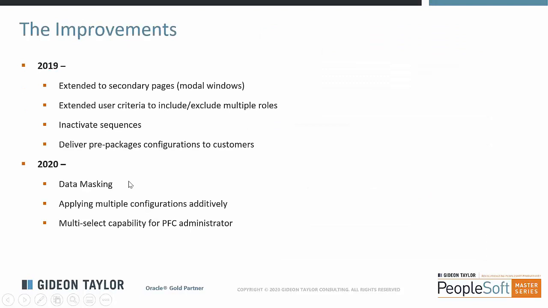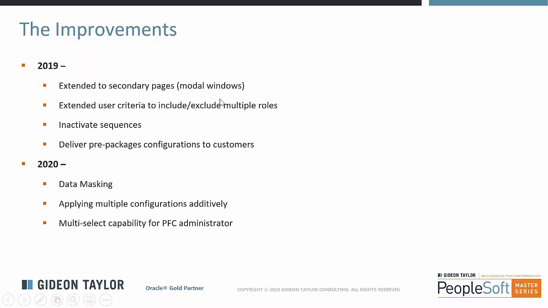All right, so as long as we're talking about the bad and the ugly, let's talk about some of these improvements that are on the horizon. Again, there was a really good Quest webinar delivered by an Oracle representative where they walked through all of the new features that are going to be coming out. And here's just a brief summary. The functionality was extended to secondary pages, so if you have some of the newer versions of PeopleTools, you might get that functionality.